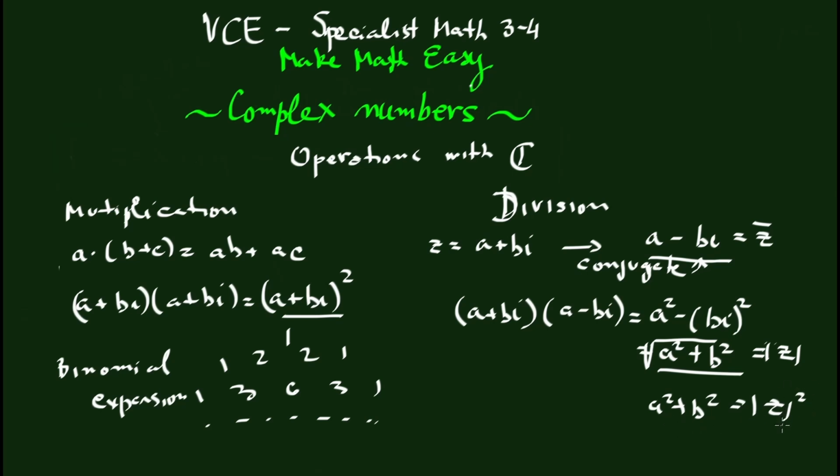So basically, this is your z, as said here, and times your z conjugate, and this is your solution. So what it comes to is z times z conjugate equals the modulus of z squared. So it's the length of the vector z squared, modulus.